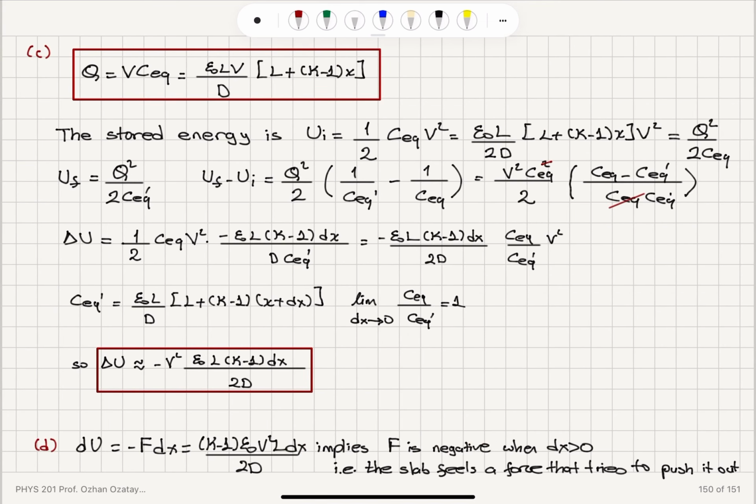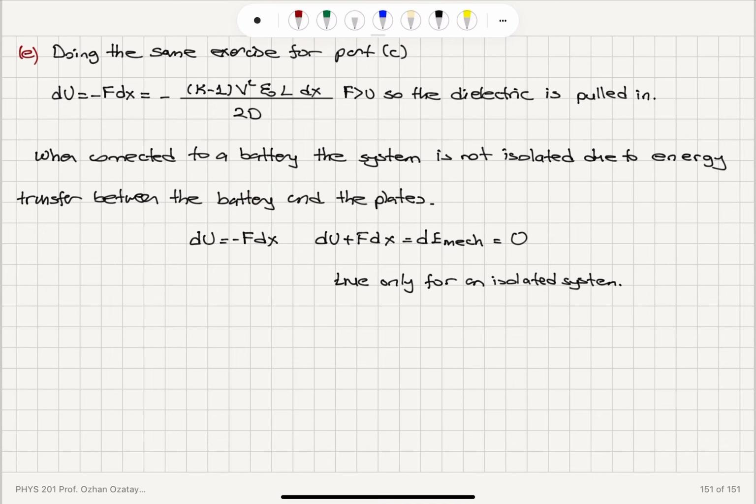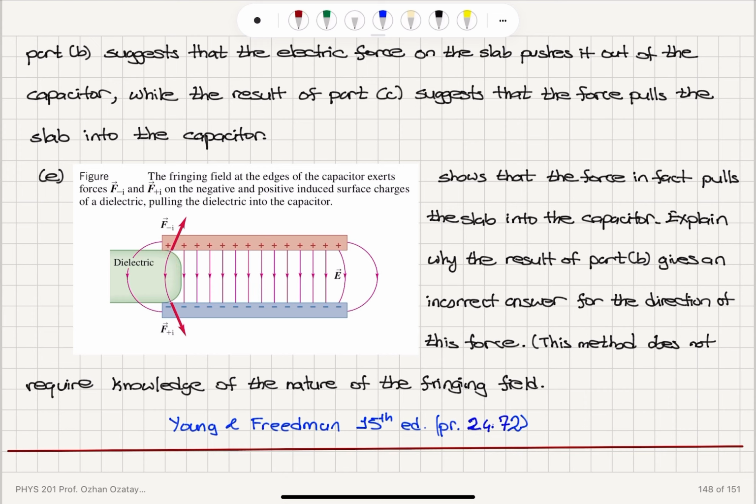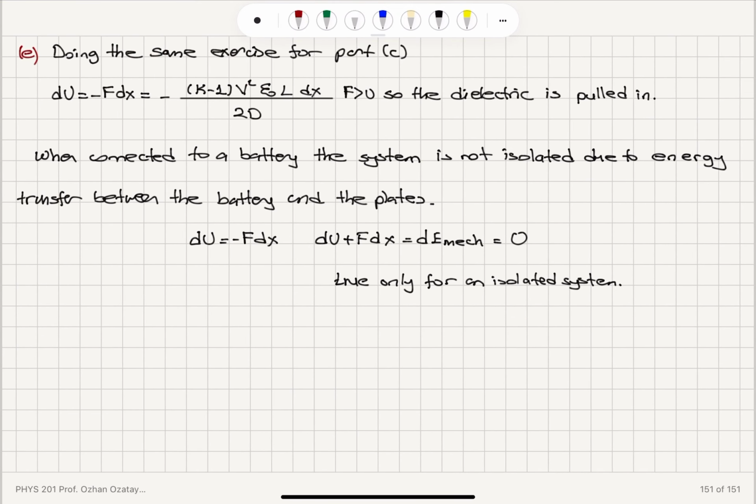There is an energy transfer between the battery and the plates. And so the charges that are building up here will apply forces on these charges, and these charges can be transferred between these plates and the battery, and therefore this picture does not apply. So this picture only applies when there is no battery connected between the terminals, which means the system is isolated in terms of energy.